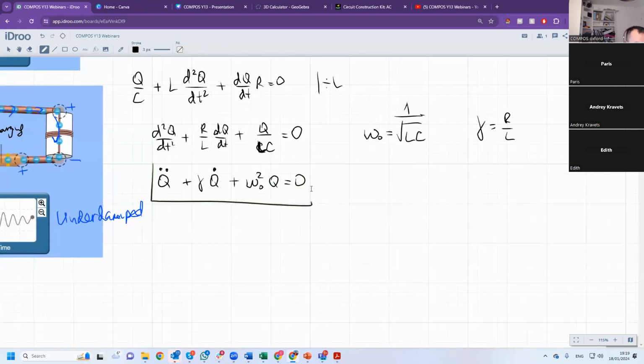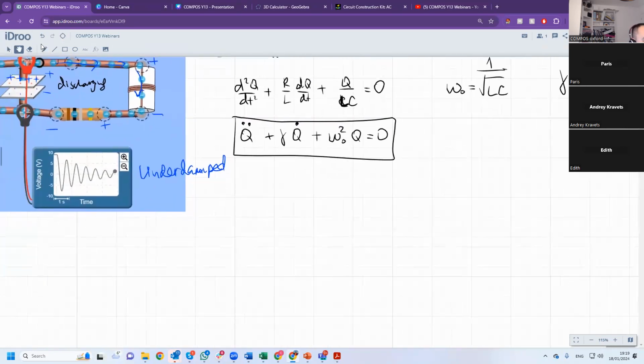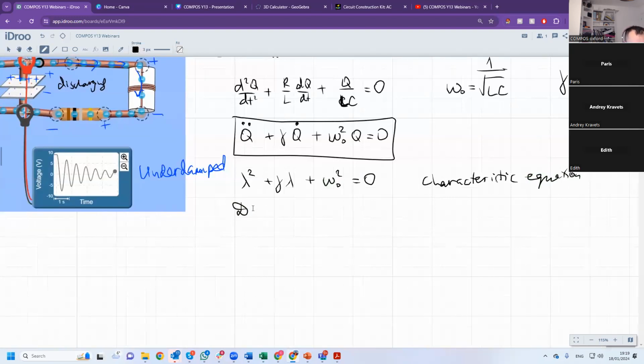So this is a differential equation. And if you do further maths, you would learn how to solve differential equations. So you have the characteristic equation, lambda squared plus gamma lambda plus omega 0 squared equals 0. Then you find the discriminant.